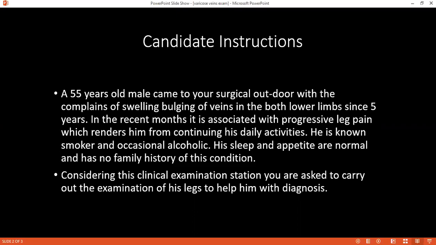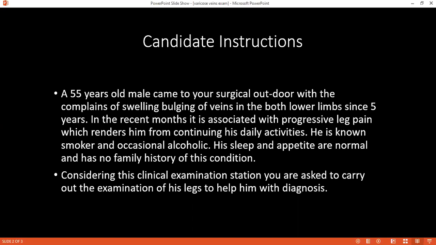Afterwards, I will ask the patient to lie down and raise his leg, and while doing that, I'll explain to the patient. I'll bring his leg to 45 degrees. I will do the reverse Trendelenburg test, milk the veins proximally, put the tourniquet at the saphenofemoral junction, and ask the patient to stand up to see if there is refilling.